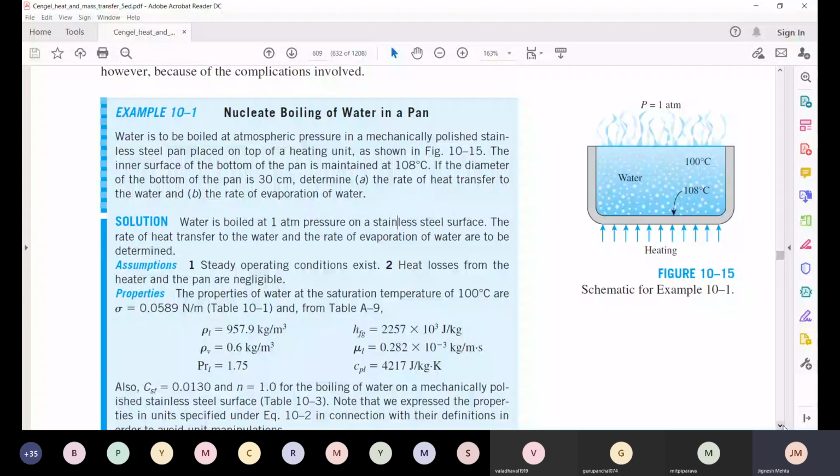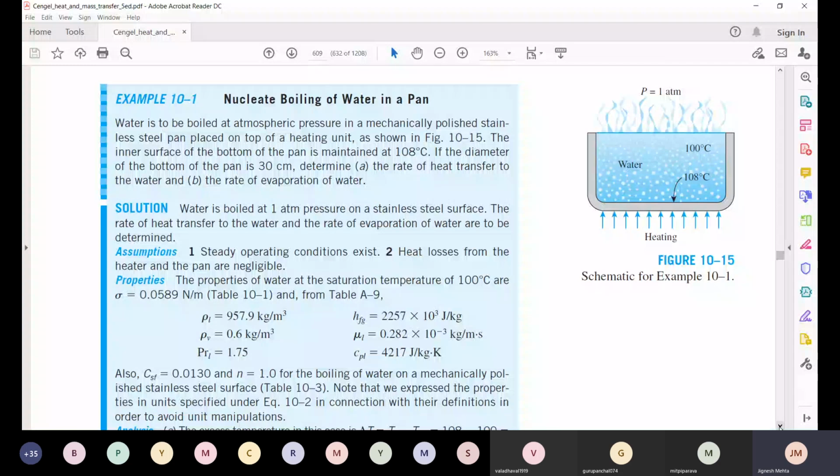So we may not go into the problems where the other boiling regimes come into the picture. Here it's not very difficult to solve the problem. Mainly you have to get the properties of the fluid from the required tables, and put those properties in the correlation which is available with you.